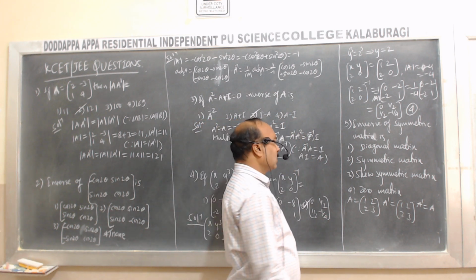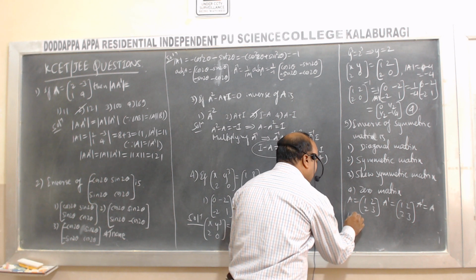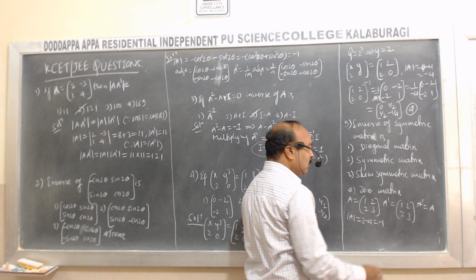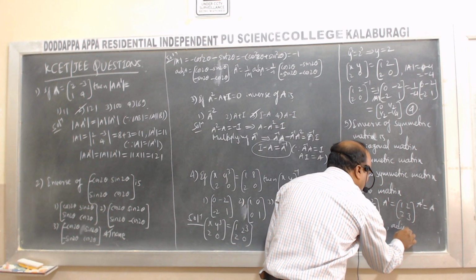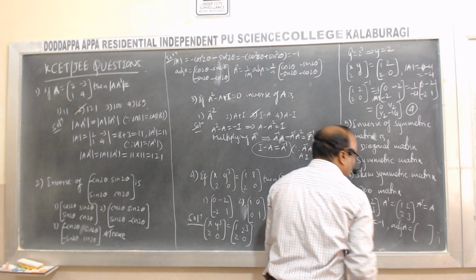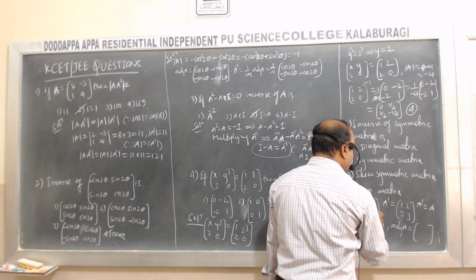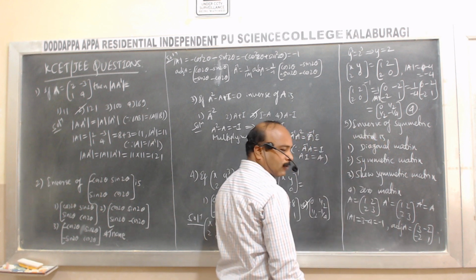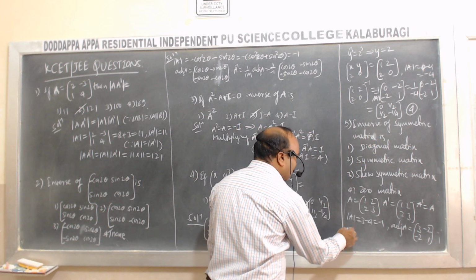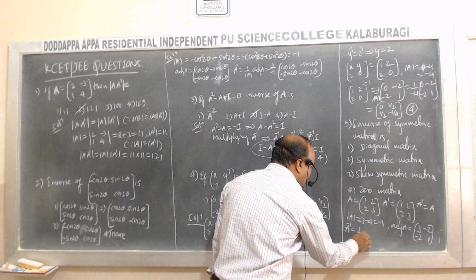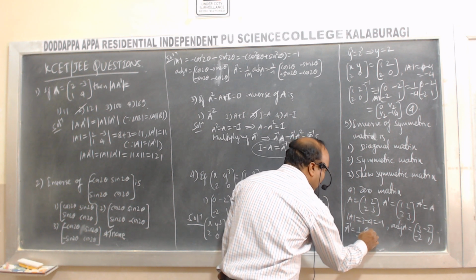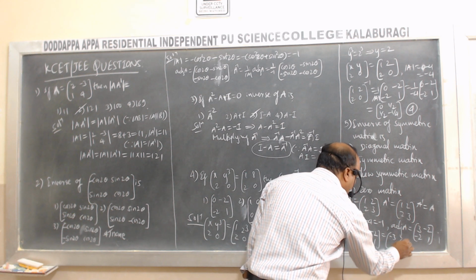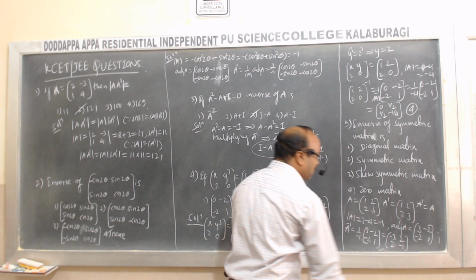Now we check the inverse of this. Here the determinant of A is given by 3 minus 4, which is minus 1, and the adjoint of A is given by changing the diagonal elements, it is 3, 1, and changing the sign, minus 2, minus 2. Now A inverse is given by 1 by minus 1 into [3, minus 2; minus 2, 1], which is [minus 3, 2; 2, minus 1].